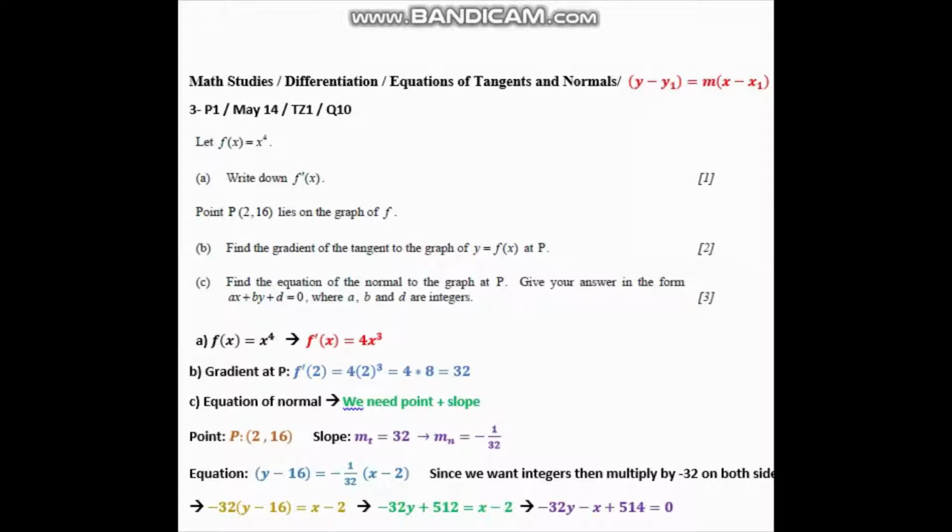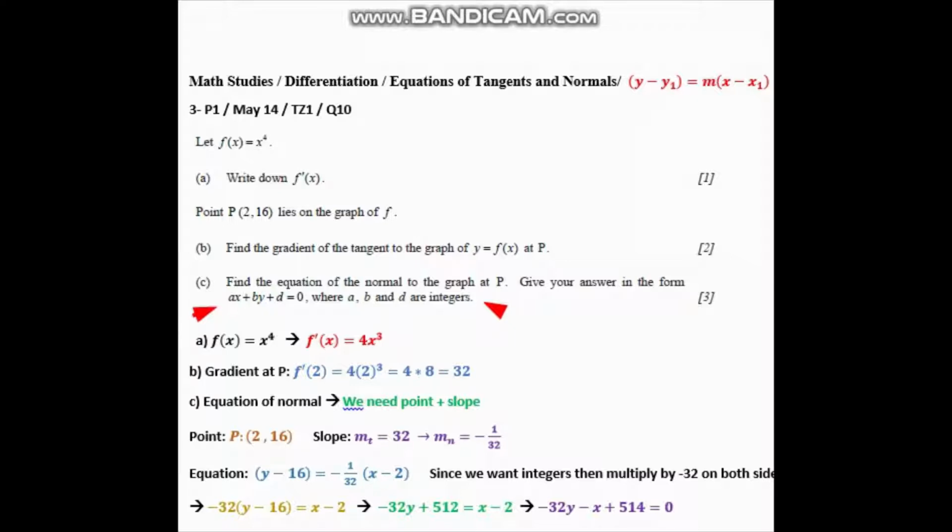They required a particular form for the equation: ax plus by plus d equals 0, where a, b and d are integers. So I need to get all my numbers on one side and 0 on the other side. And I need all my numbers to be integers.